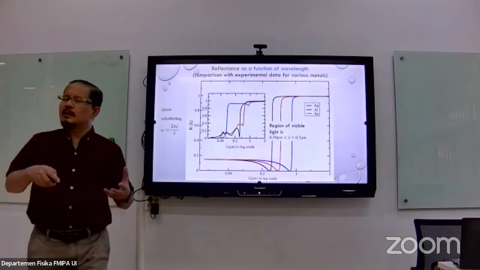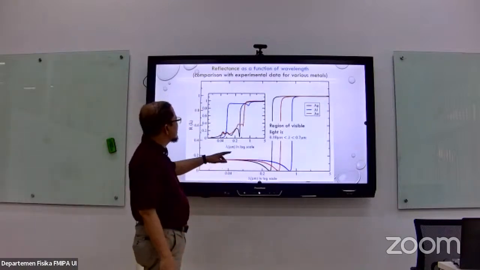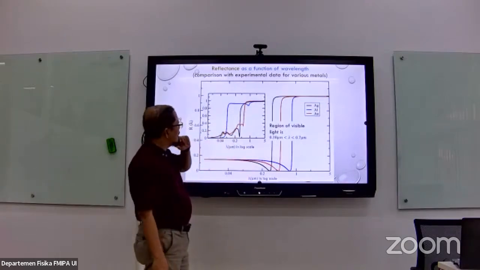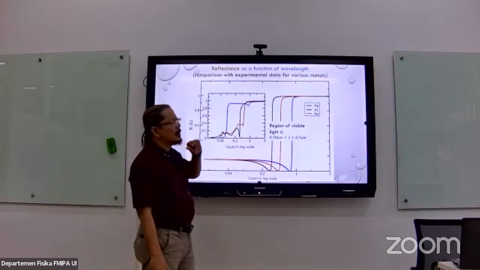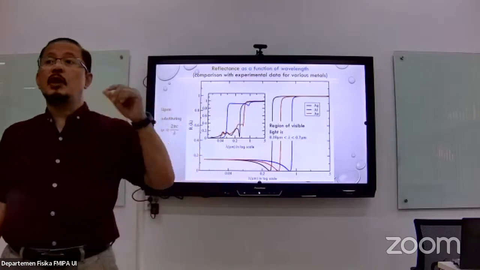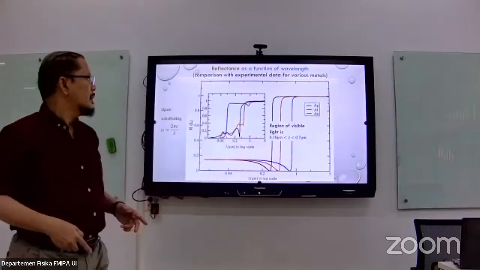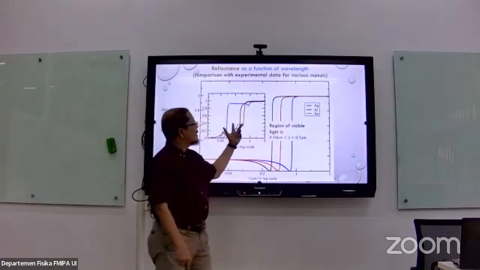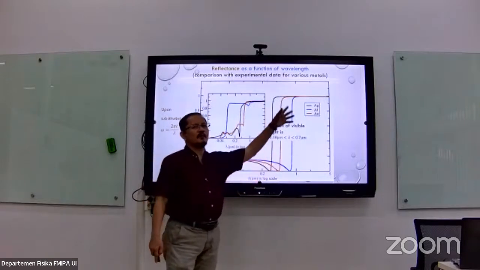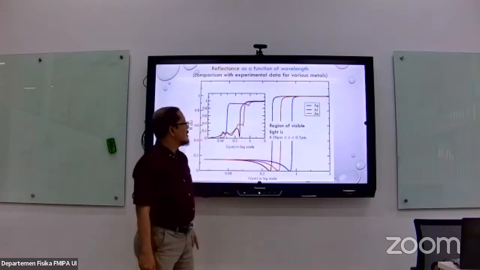Actually, we are not just playing with parameters, we are using the empirical parameters from the research. We plug them into the formulas, then this is what we got. See, amazingly, they look similar, even though this comes from a very simple model. This is reality, and they look similar.